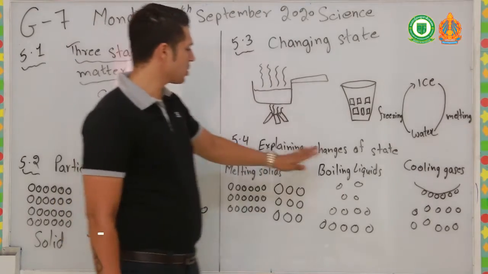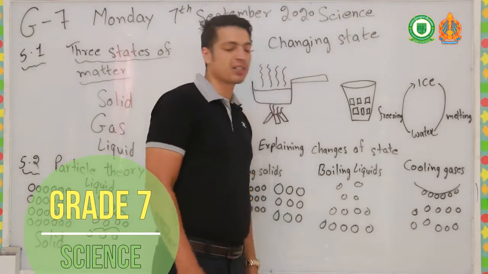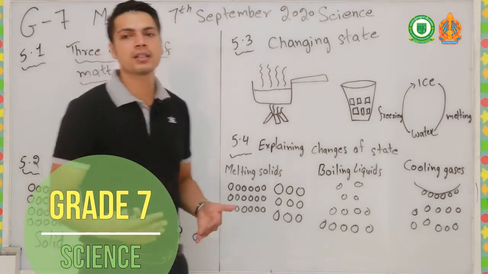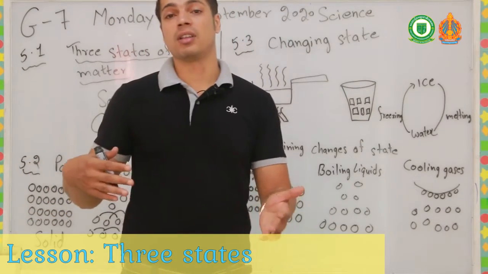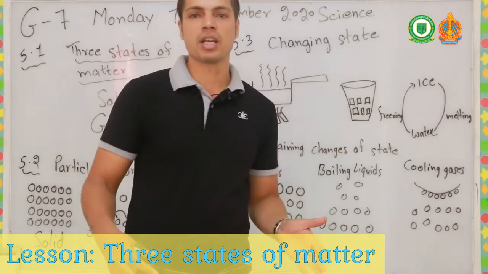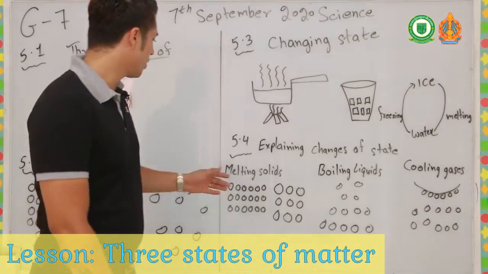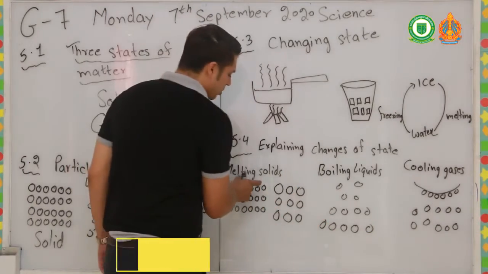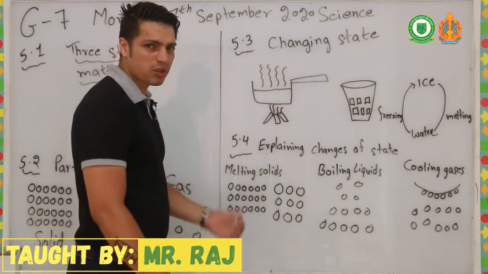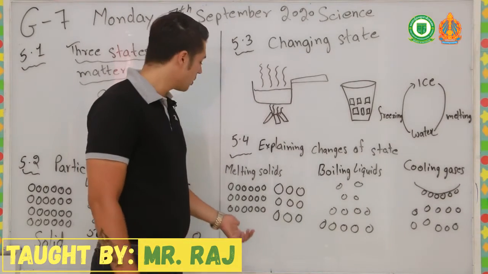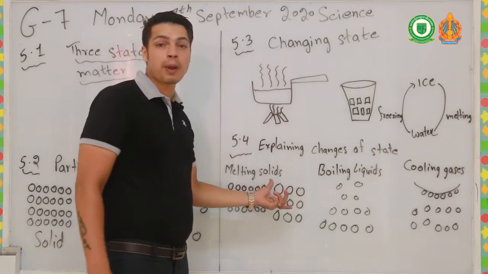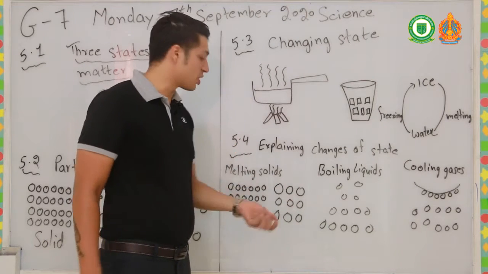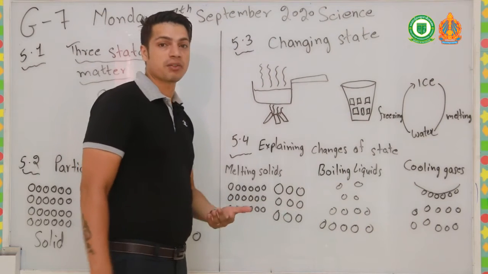Explaining changes of state: how particles react when they change their state. Let's have a look here. Melting solids. When you heat up a solid, the particles in the solid expand, meaning they become larger, but they still have attractive forces.